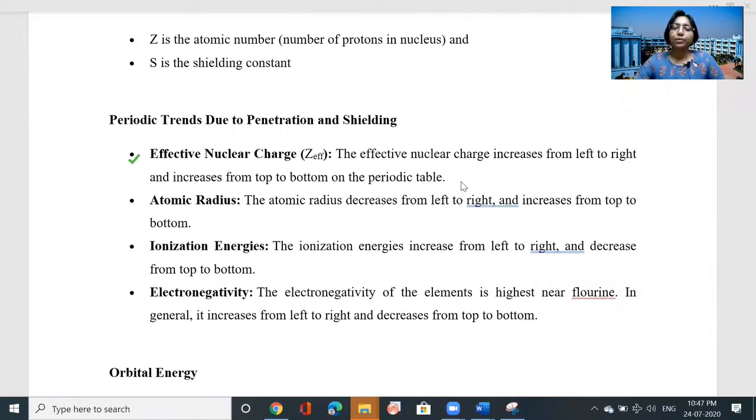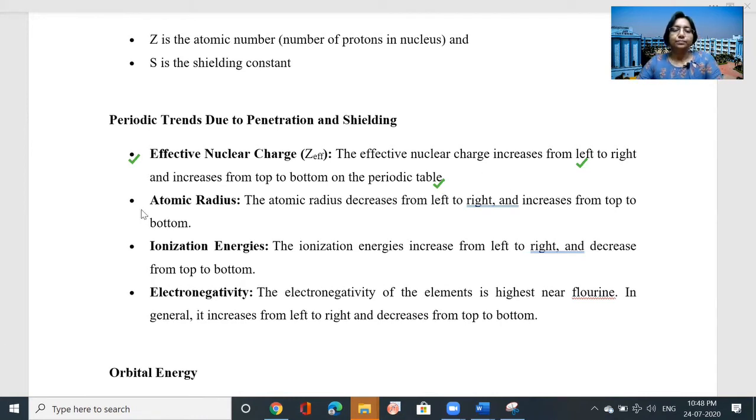The effective nuclear charge increases from left to right and increases from top to bottom on the periodic table.